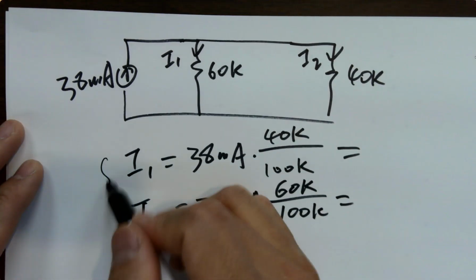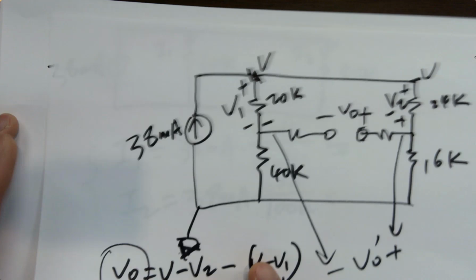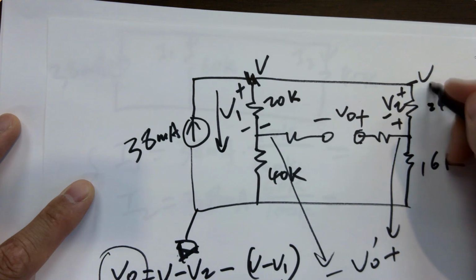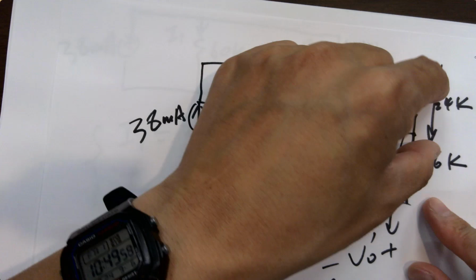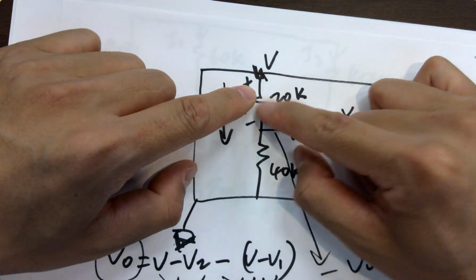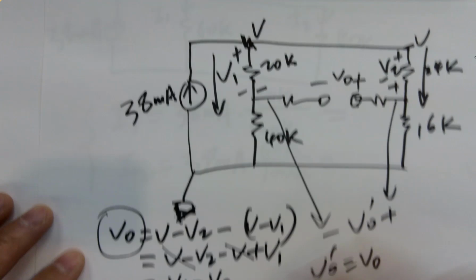You got two currents. If you know the currents, can you find the voltage drop? Yes. You got a current here, times the resistor, you got a voltage drop, you got V1. Times the resistor, you got V2, right? Then plug into here, you can calculate V out.